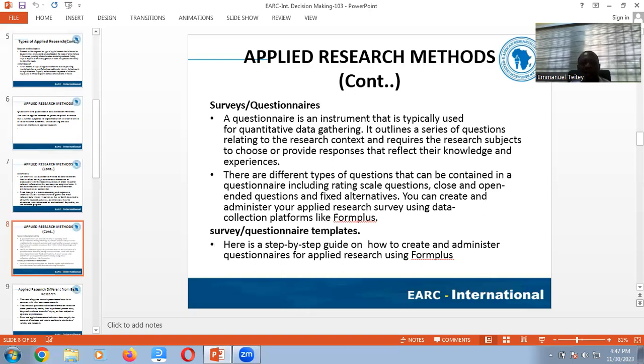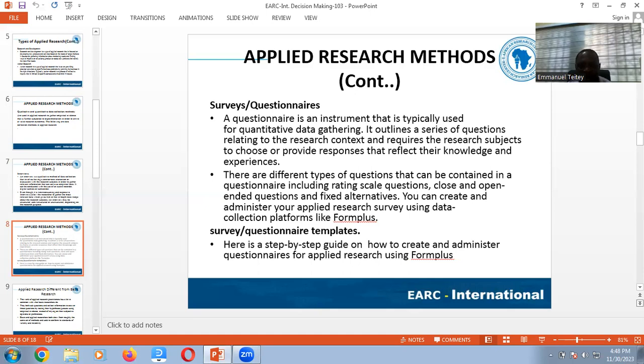Survey and questionnaire. Still, applied research methods continue. A questionnaire is an instrument that is typically used for quantitative data gathering. It outlines a series of questions relating to the research context and requires the research subject to choose or provide responses that reflect their knowledge and experience.